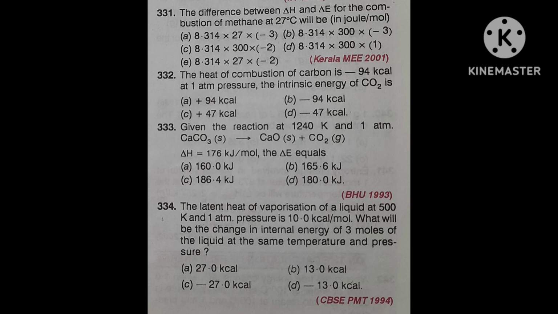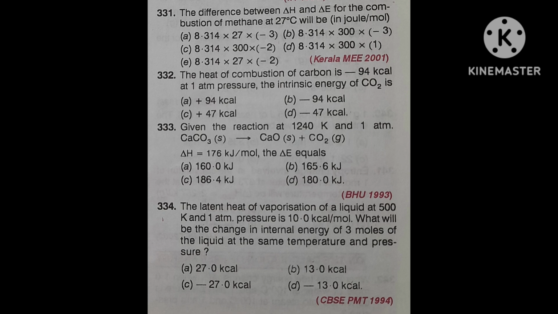You have to read the question carefully. The latent heat of evaporation of liquid at 500 Kelvin, correct? And pressure is given as 1 atmosphere. The value given is 10 kilocalorie per mole. Per mole. Then for 3 moles, how much? 30.